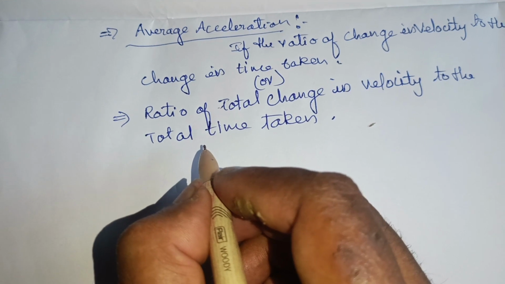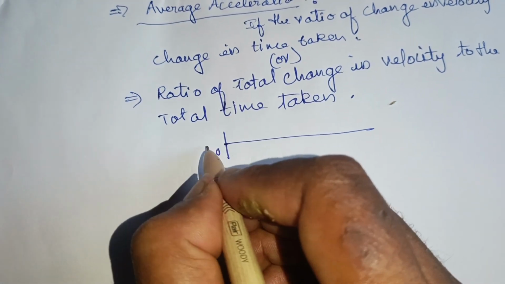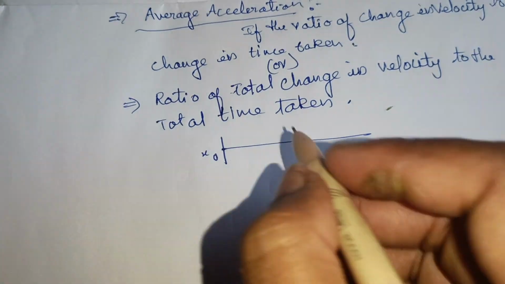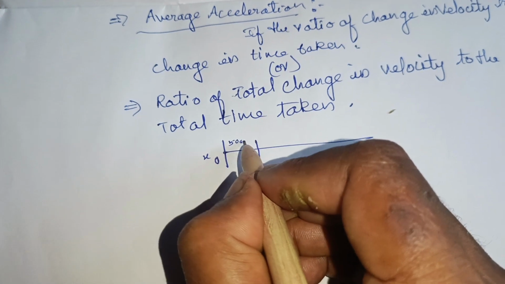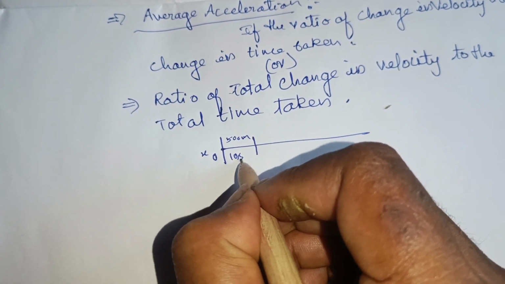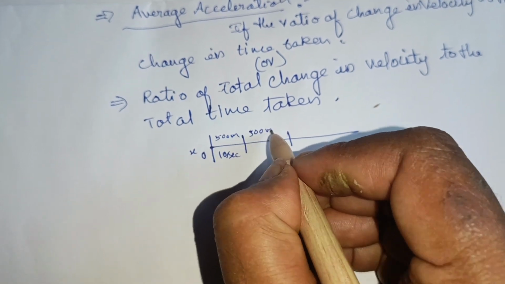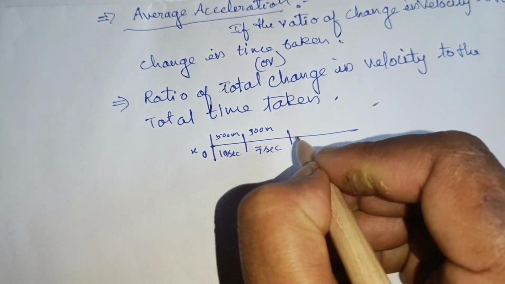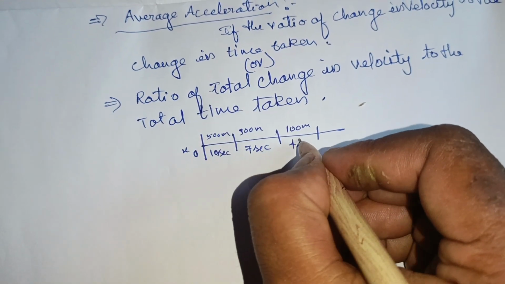Here also we can represent this with a small graphical section. This is my 0, or x0, I can consider. Suppose the body has traveled 500 meters in 10 seconds. Next, the body has traveled 300 meters in 7 seconds. Next, 100 meters in 4 seconds.